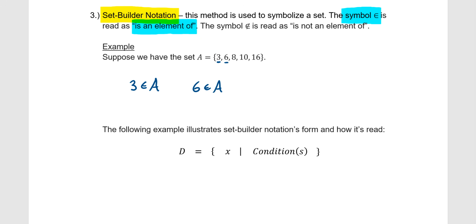We can keep on going and say 8 is an element of set A, 10 and 16 are elements of set A, and we can also say something like 5 is not an element of set A because there is no 5 in that set. Okay, so that's just a use of that notation using that symbol, representing that it is an element of the set.